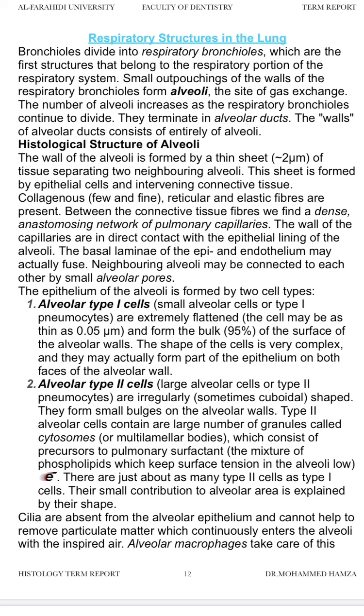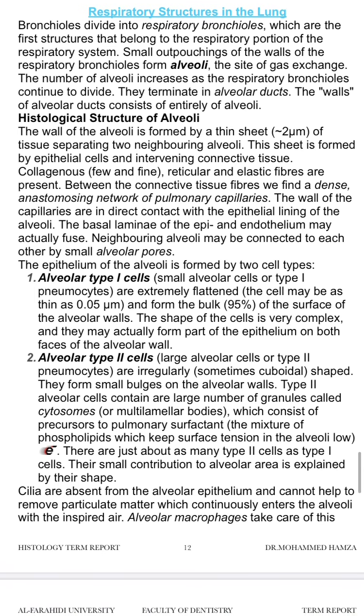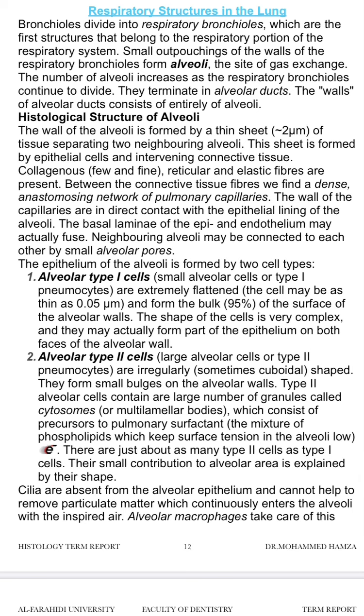Reticular and elastic fibers are present, and between the connective tissue fibers we find a dense and anastomosing network of pulmonary capillaries. The walls of the capillaries are in direct contact with the epithelial lining of the alveoli. The basal laminae of the epithelium and the endothelium may actually fuse. Neighboring alveoli may be connected to each other by small alveolar pores.